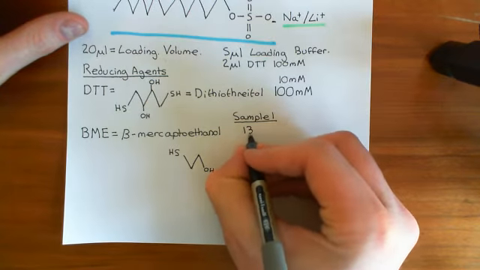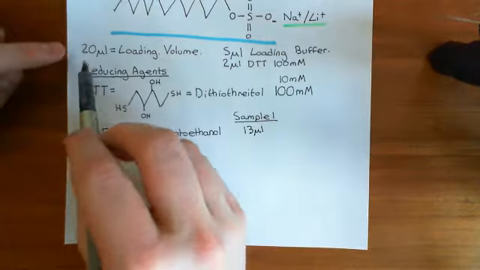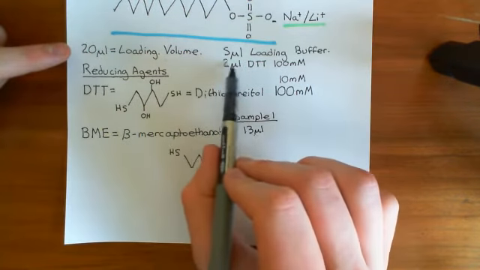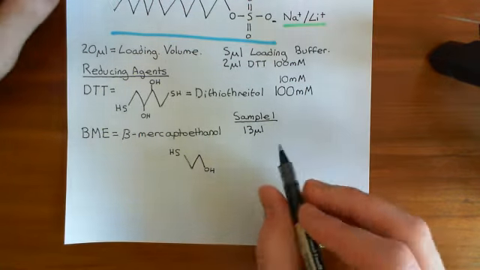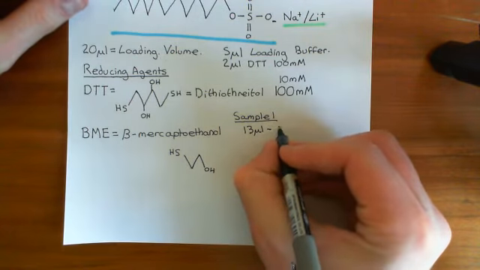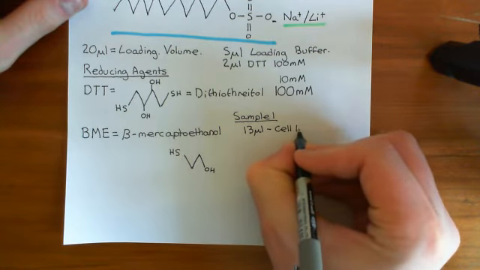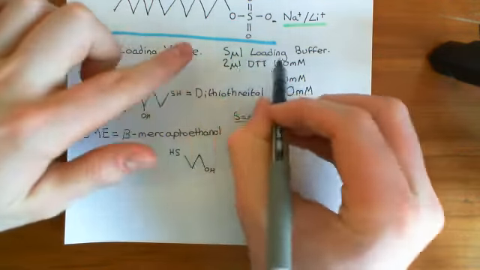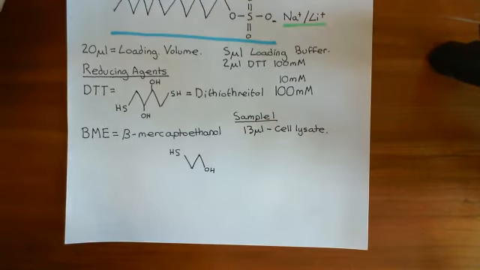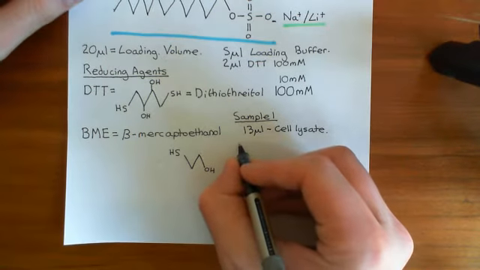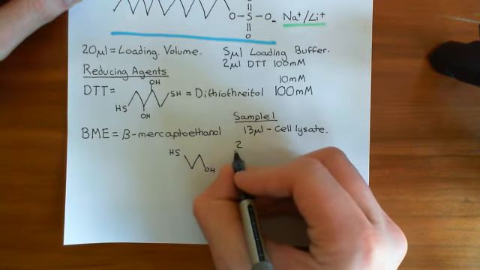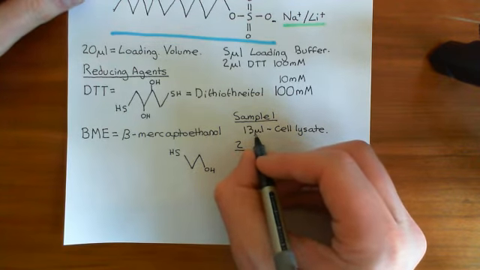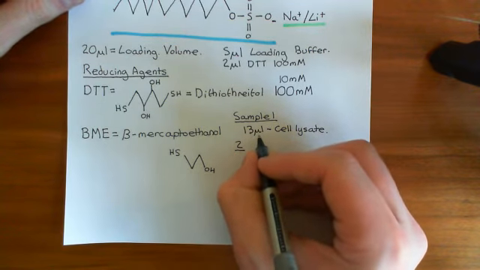And then the other 13 microliters that's available, remember we're trying to make a loading volume of 20 microliters. We've used up 7 microliters, so the other 13 microliters is still spare. We'll put in the cell lysate, and we won't do anything to dilute that, except of course adding it into the loading buffer and the DTT. Then we might do sample 2, and we might say, I want the concentration of protein in sample 2 to be half.